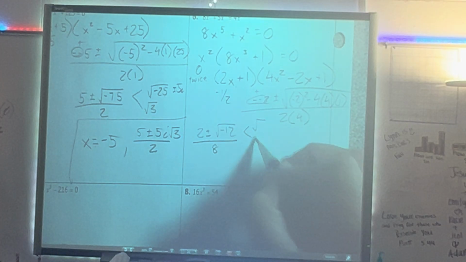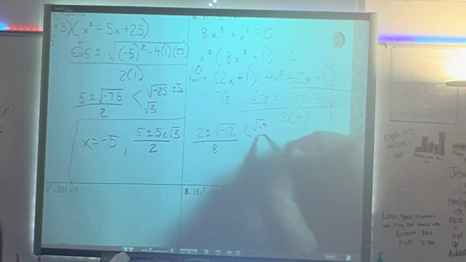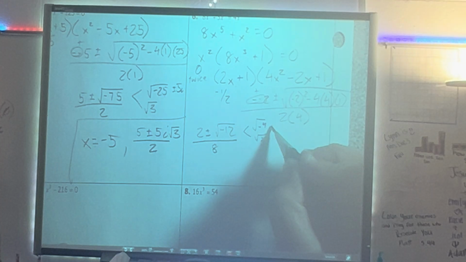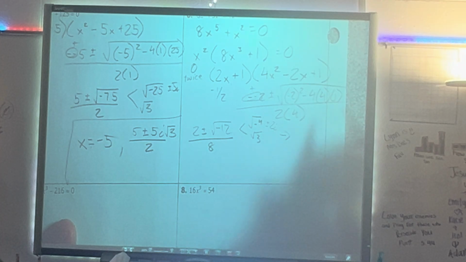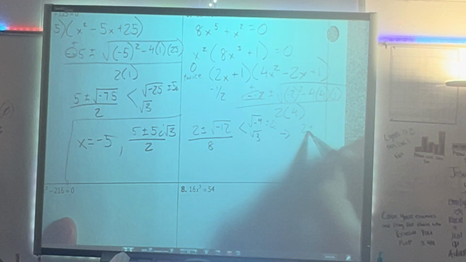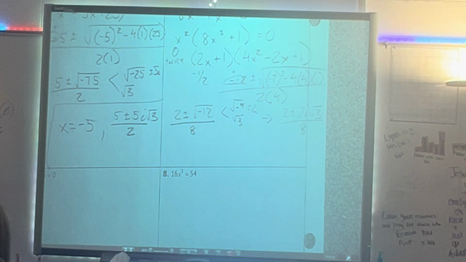Say again? Negative 4 and 3. Square root of negative 4 is going to be plus or minus 2i. Alright, so this comes out to be 2 plus or minus 2i root 3 over 8. Can I simplify that thing? I'm going to say this, I can, by what?